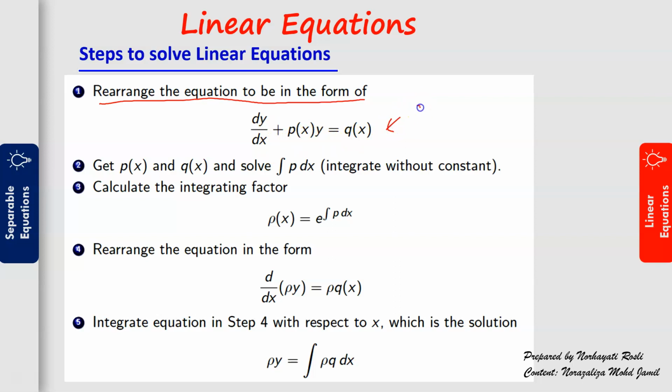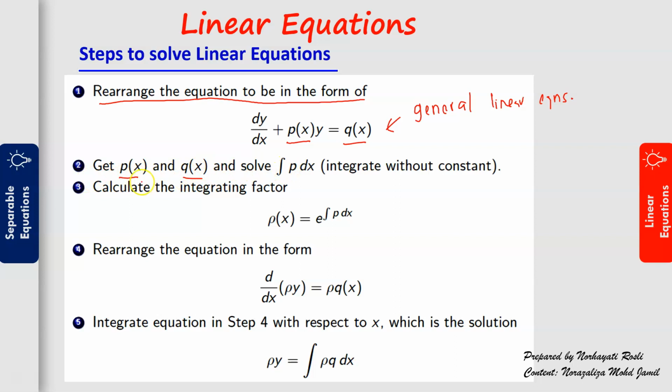Means that you need to write your ODE in terms of the general linear equation. And then based on this one, you can identify P and Q. Means that you can get step number 2, get P(x) and Q(x).